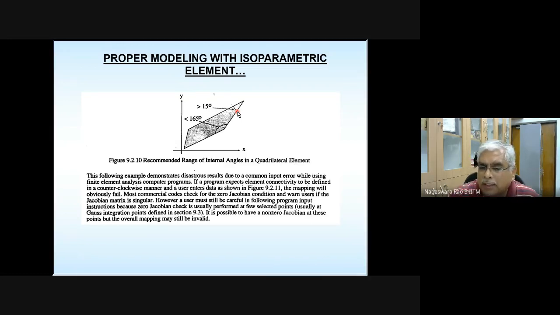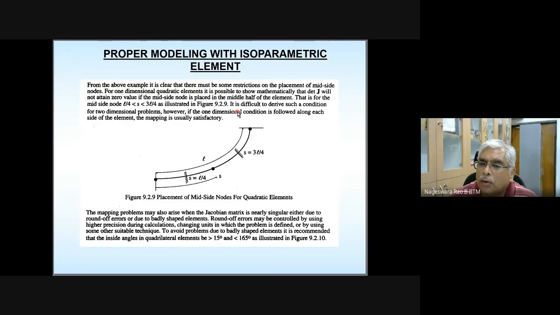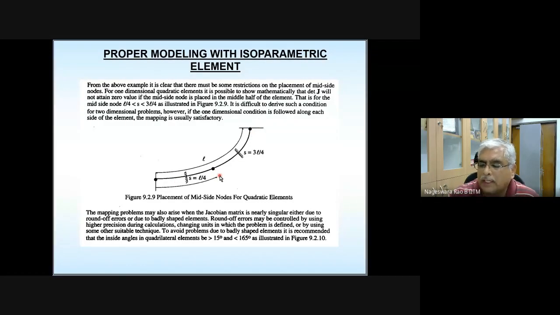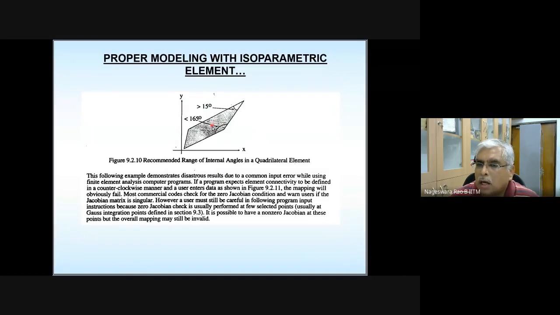If you violate these conditions, that is, the mid-side node is closer to the corner nodes, or the edges are too acute or too obtuse, then you will have a problem with your determinant of J. We will see the implication of these two things in tomorrow's class.